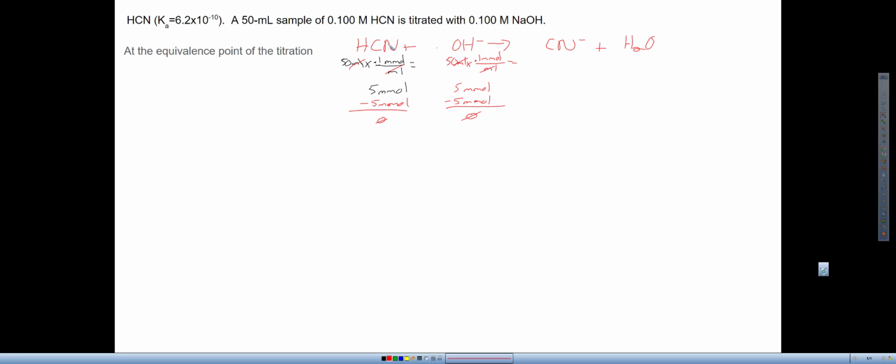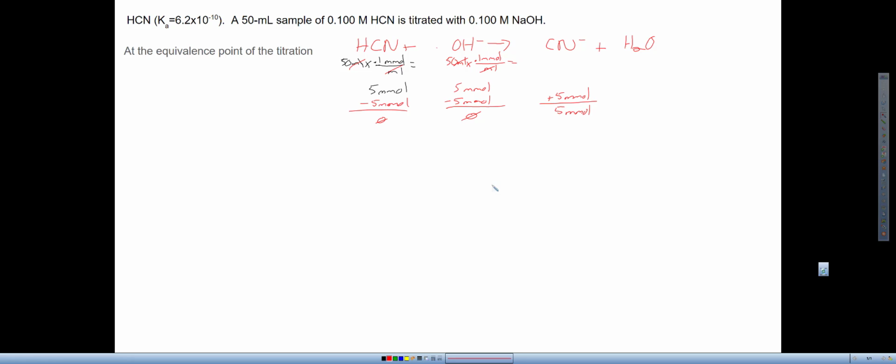And all of that to say, when this reacts, it will leave behind an equal amount of cyanide. So now all of my acid and my base are gone. I've done my first part, my reaction.